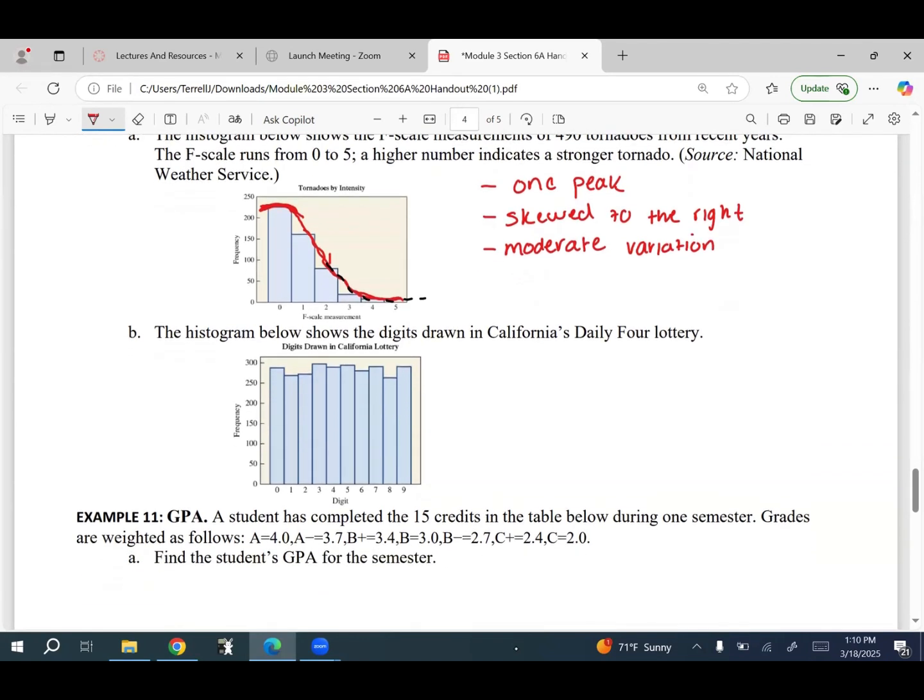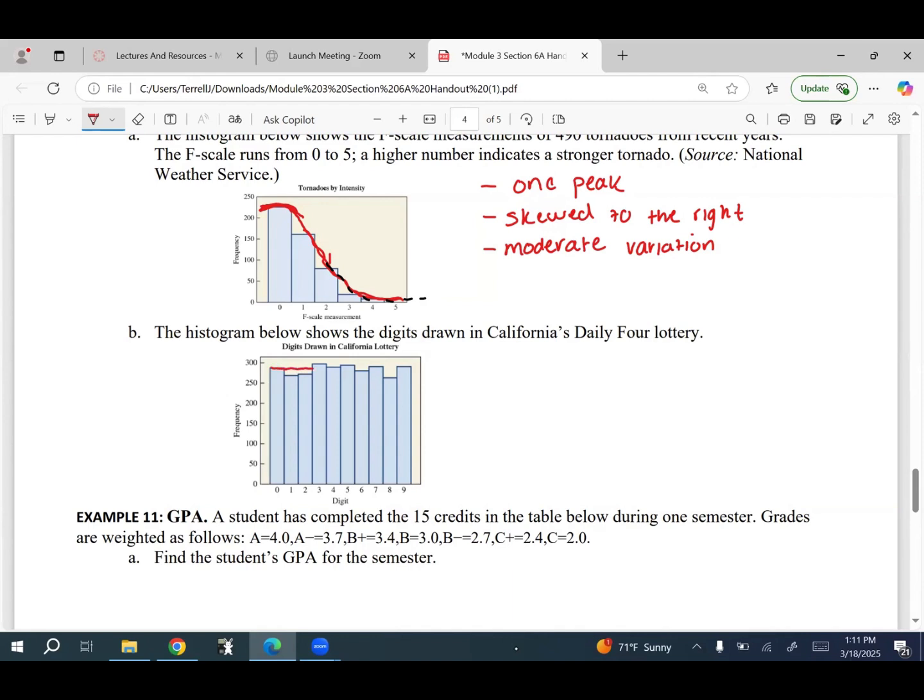In B, the histogram below shows the digits drawn in California's daily 4 lottery. So in your horizontal scale, you have the digits 0 to 9, and then in the vertical scale, you have their frequency, how often they were drawn in the lottery. Now, as far as peak goes, we were asked to describe the peak. There is no one peak.